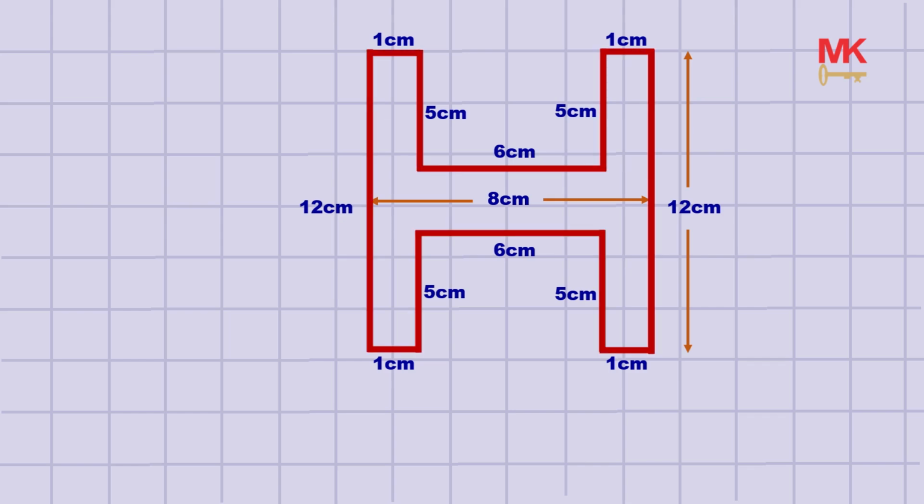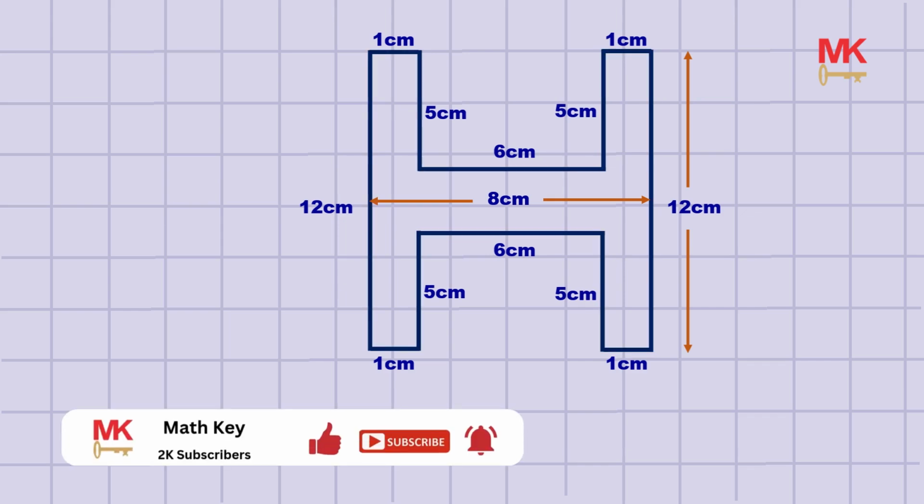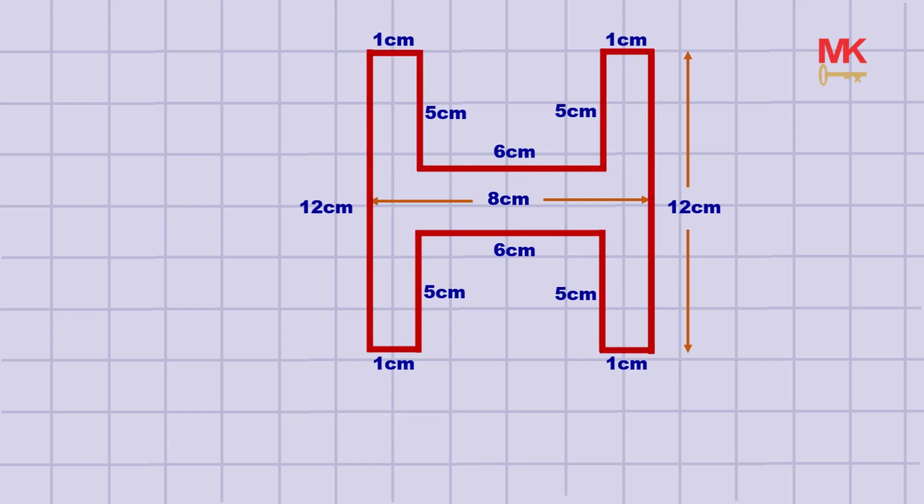There are a total of 12 sides in this figure. No side must be omitted in error, otherwise all effort will be ruined. So, it is best to mark a starting point.